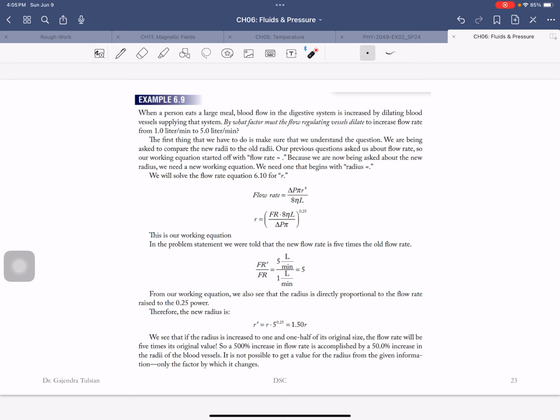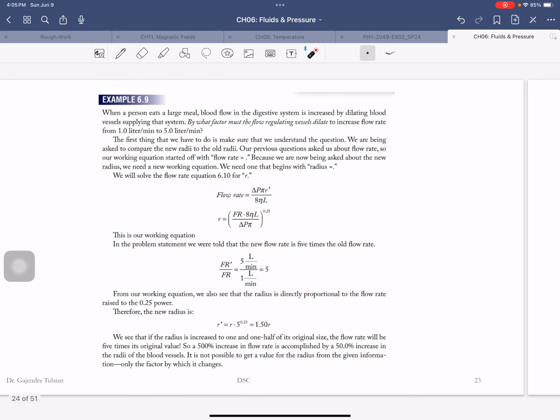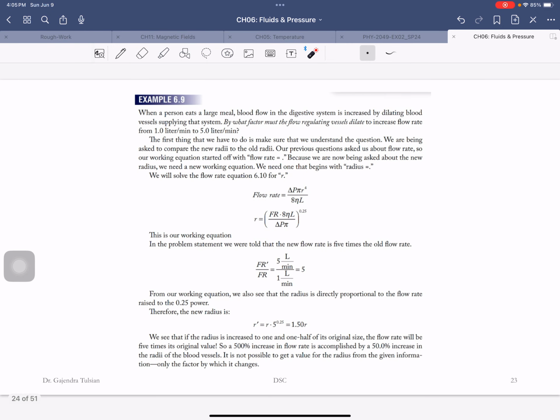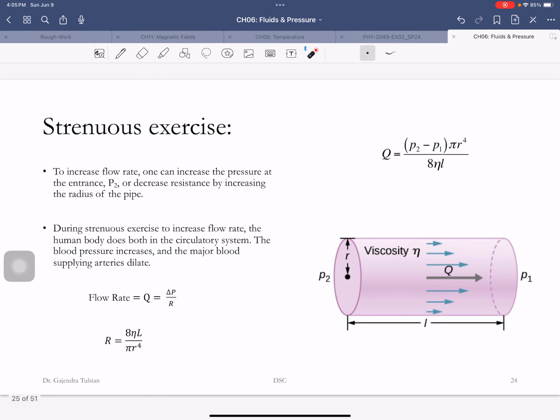Okay. So that's the mechanism the body uses most often. Okay. So when you do strenuous exercise, you want to increase flow rate to, let's say, your skeletal muscles, and you just dilate the blood vessels and increase the flow rate.